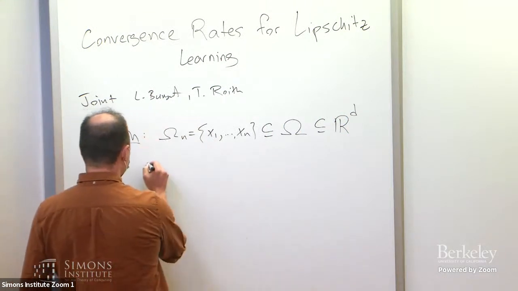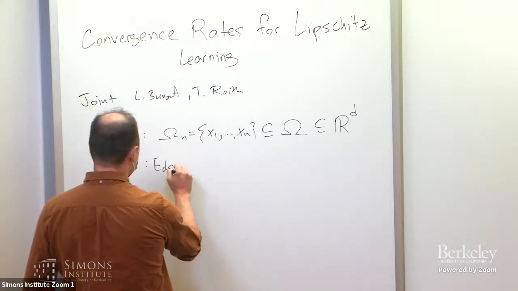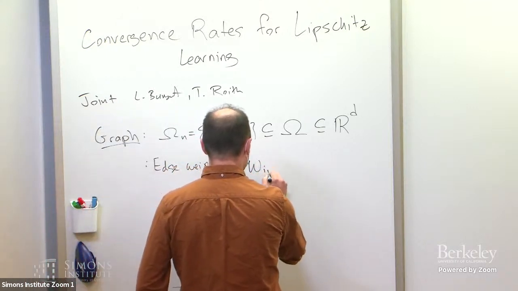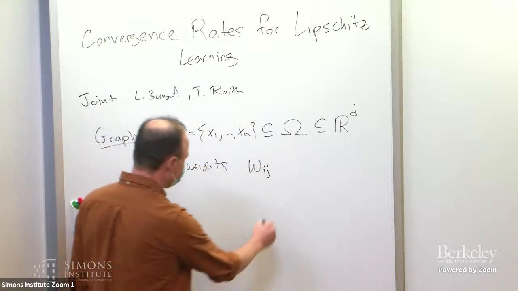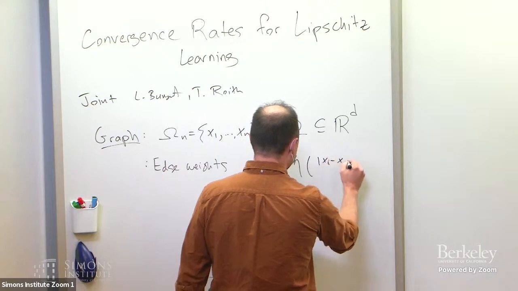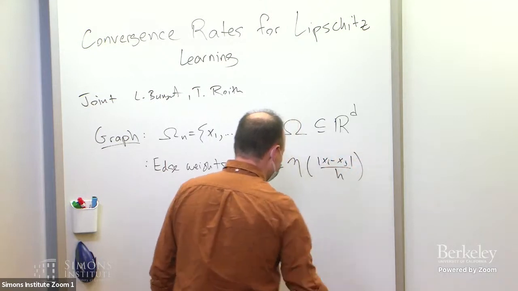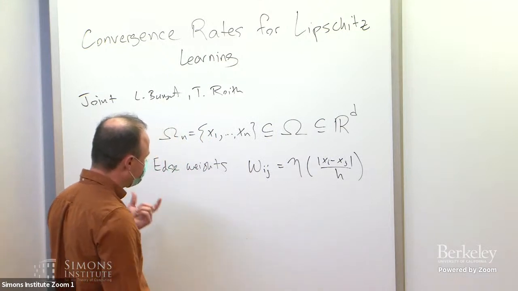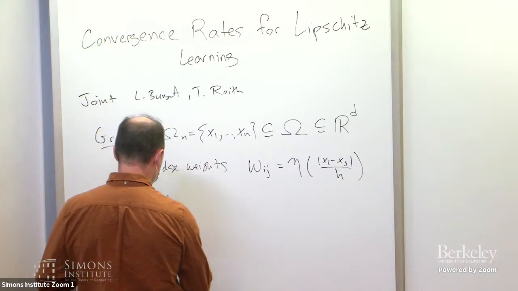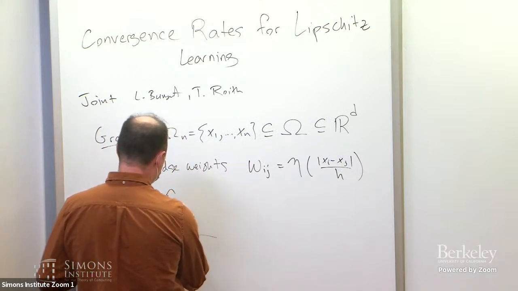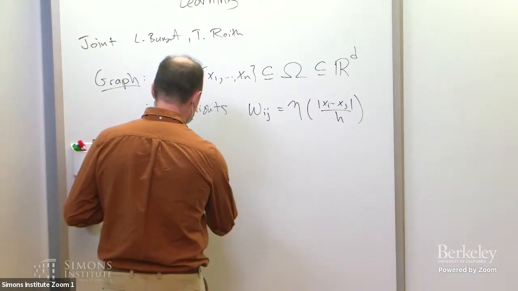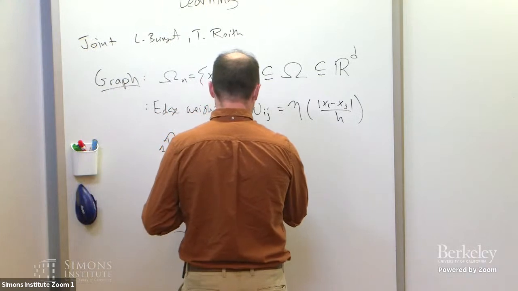And we have edge weights, w_ij between two nodes xi and xj, and this is eta of xi minus xj divided by a length scale h. So we connect points that are nearby in space with an edge weight. The picture for eta is that it starts off large at say 1 and then decays to 0 before you get to say 1 here. So h is the graph bandwidth.